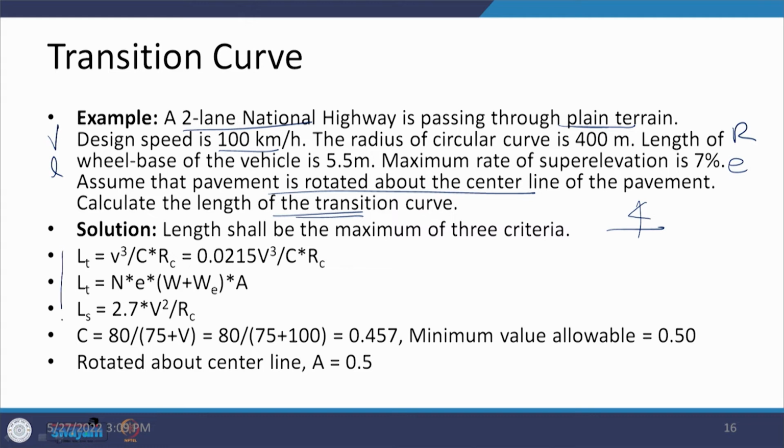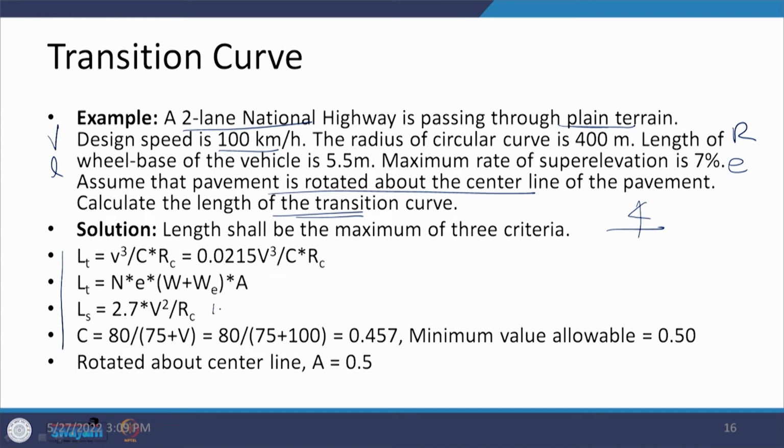So, we have 3 sets of equations. One is related with the rate of change of centrifugal acceleration, another is related with the rate of provision of the super elevation, and the third one is an empirical one, and here it is plain terrain.